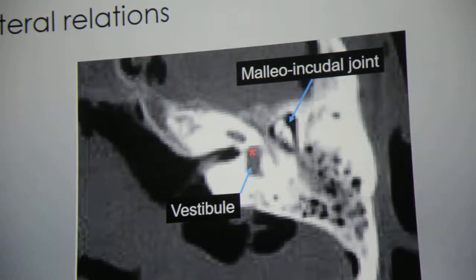ولكن في نقطة مهمة جدا that the vestibule is not totally related to the internal auditory canal. Only the anterior end of the vestibule is in close relationship with the internal auditory canal. يعني the bony partition between the vestibule and the internal auditory canal is very thin here and is extremely thick here. شايفين هنا اهو البون قد ايه؟ It's very easy to open the vestibule and try to locate the internal auditory canal anywhere.